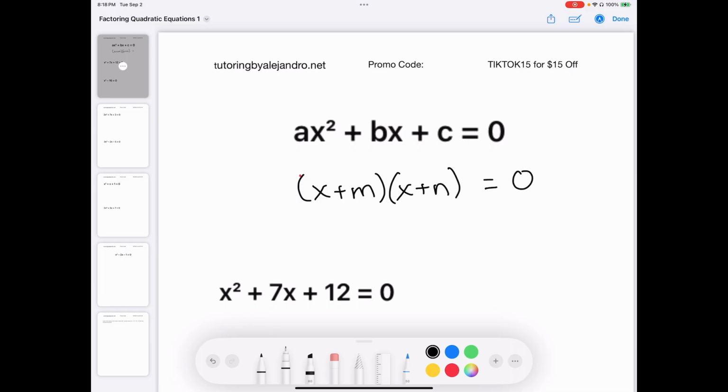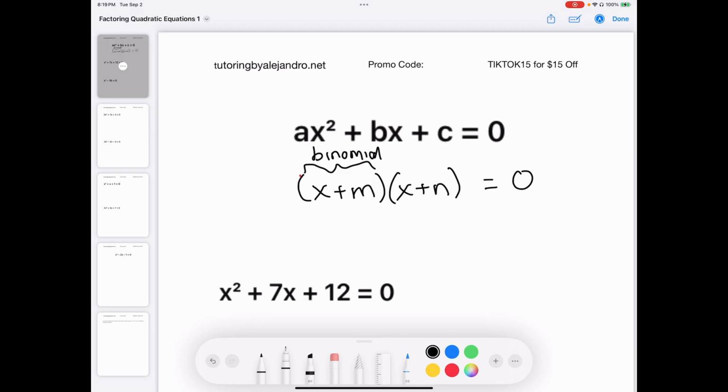Binomial just means two terms. Once it's in this form, solving is easy. You just set each factor equal to 0, and you find x.